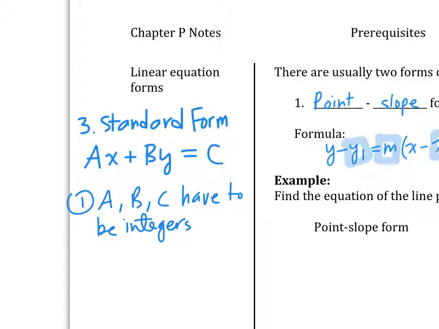Depends. No, we cannot have fractions. Okay, so I said a, b, c are all integers, which means you cannot have fractions. So when we have fractions, we have to get rid of them. So we'll talk about how to do that. The second thing that has to happen is a has to be positive. So not only do a, b, c have to be integers, the first one has to be positive, so you cannot start with a negative number.